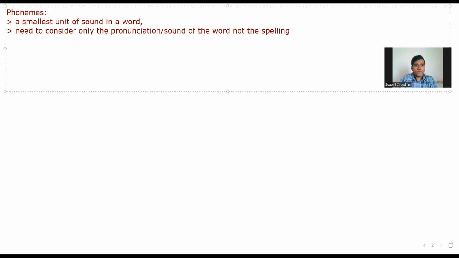So phoneme, the definition is that it's the smallest unit of sound in a word, or in a language. Okay? So phoneme is the smallest unit of sound in a language, right? And how do you count phonemes? Need to consider only the pronunciation or sound of the word, not the spelling. Okay? So let me now explain this concept.